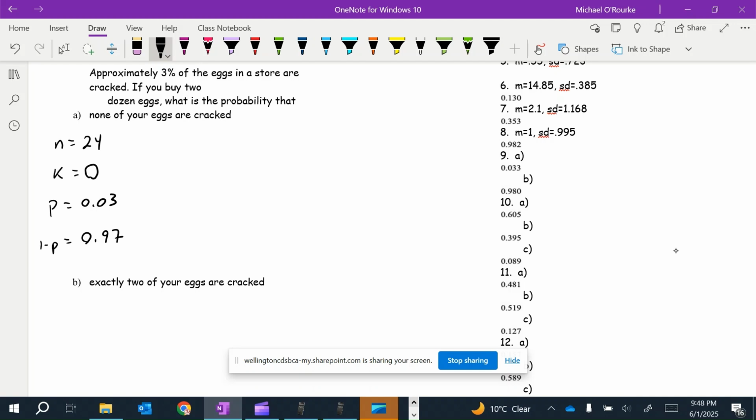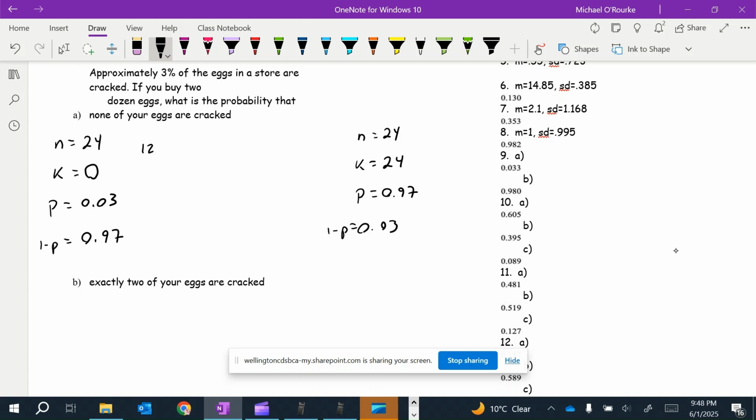Now, as an aside, we could run the numbers the exact same way, but think of k as the number that are not cracked, that are whole. 0.97, 0.03, oops. Okay? And you actually get the same answer because we're just figuring out the opposite way.